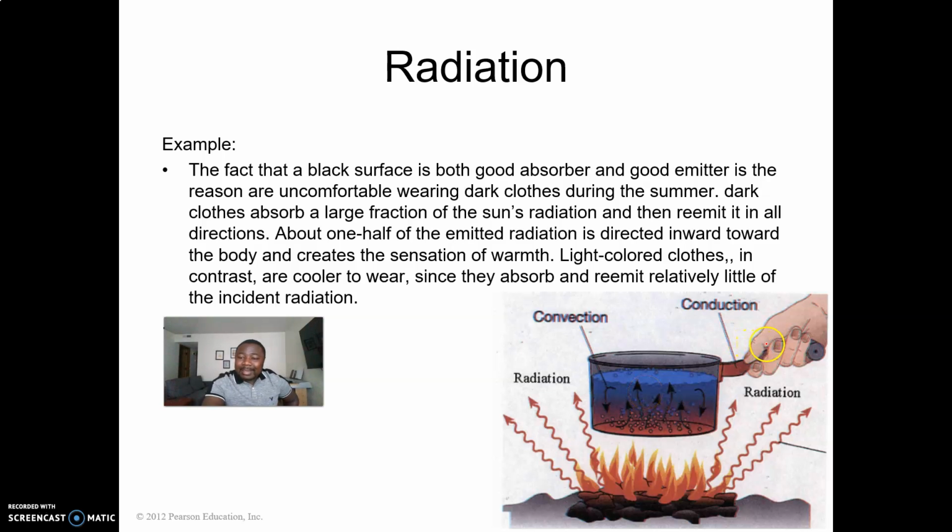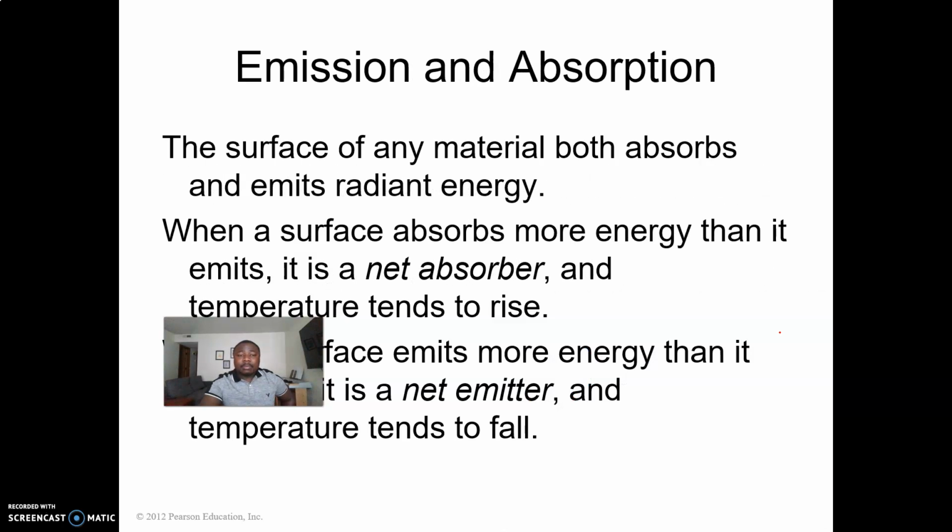Holding the handle of the pan, heat flows from the pot to the hand by conduction, obviously because it's a solid, and the method by which the flame gets heat to the pot is radiation. So in this example we can see all three modes of heat transfer.